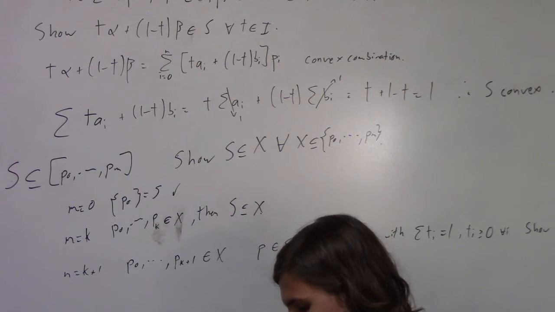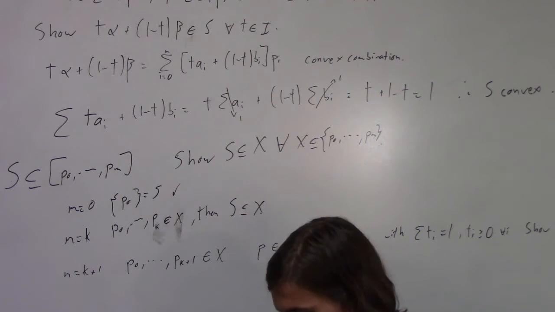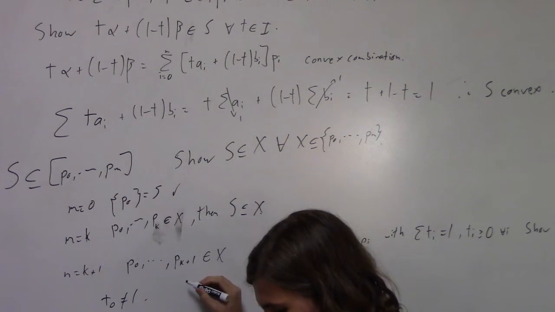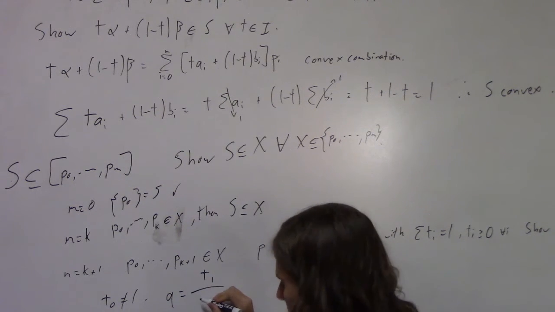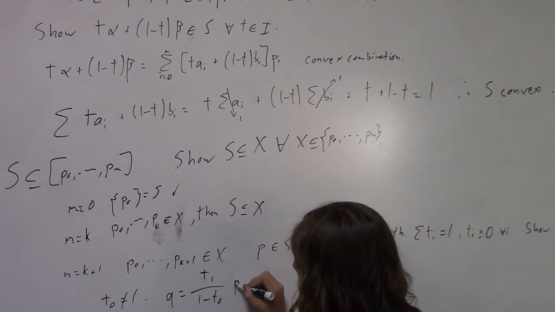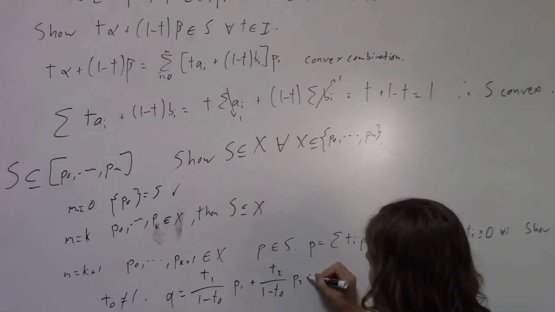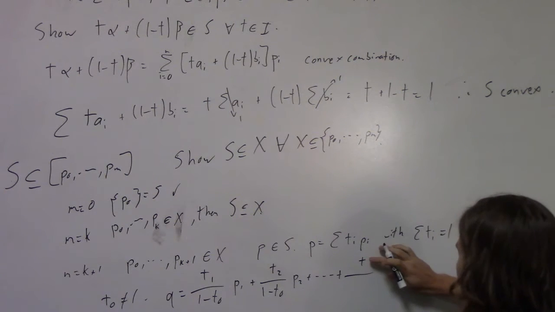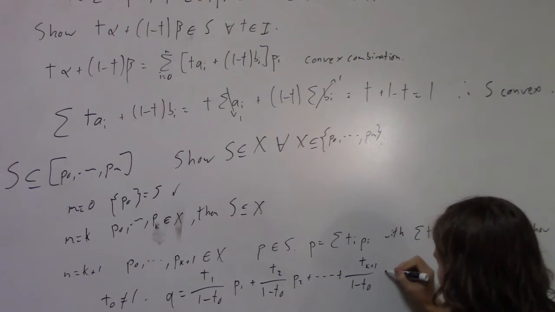So we can assume that T naught is different than 1, because otherwise P is just P naught, which we know is an element of X. So with T naught different than 1, we can find this new point Q, which is equal to T1 over 1 minus T naught times P1, plus T2 over 1 minus T naught times P2, and so on up to T k plus 1 over 1 minus T naught times P k plus 1.